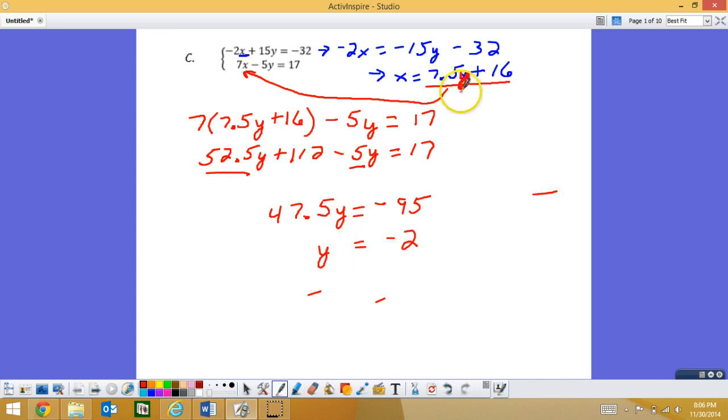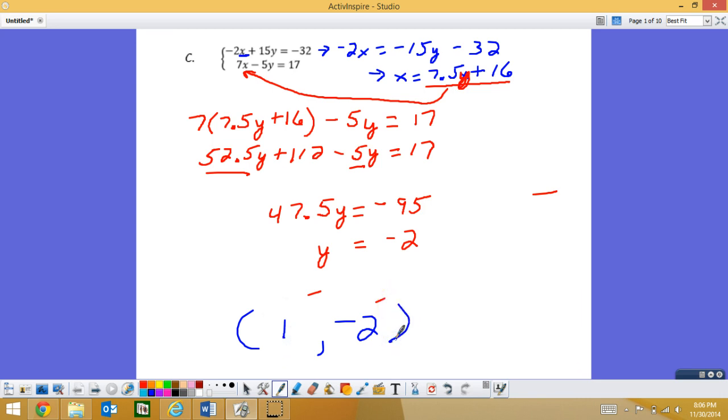And then when I substitute that back into here for y, 7.5 times -2 is -15, plus 16 is 1.